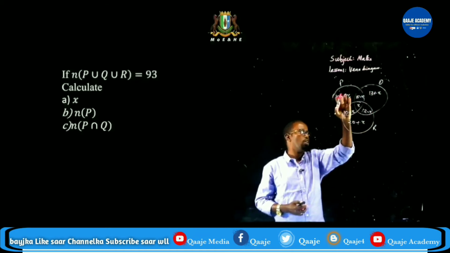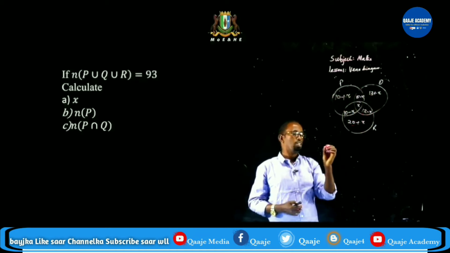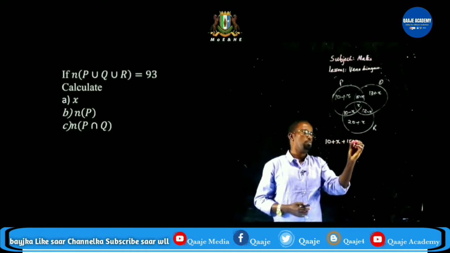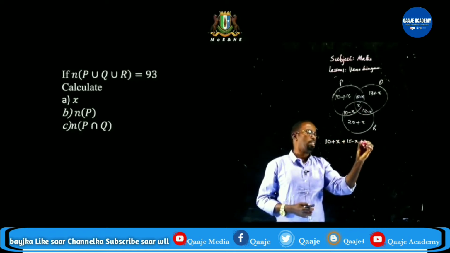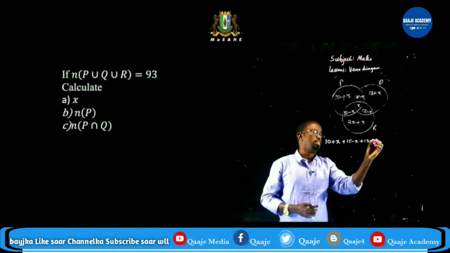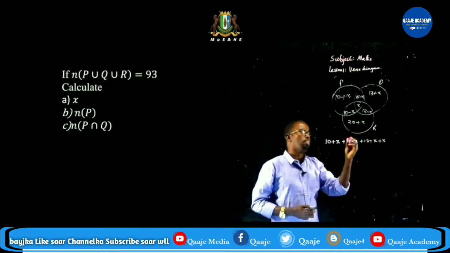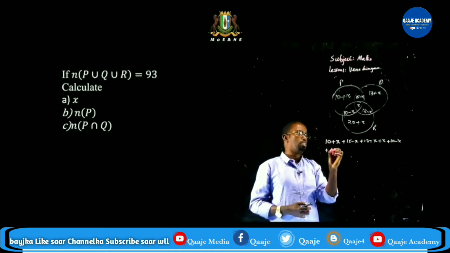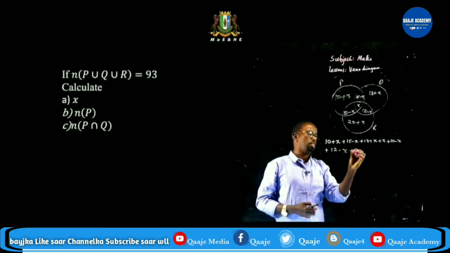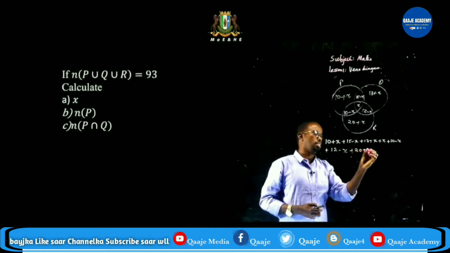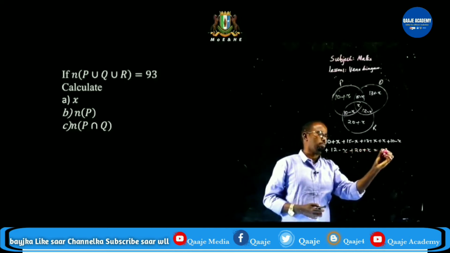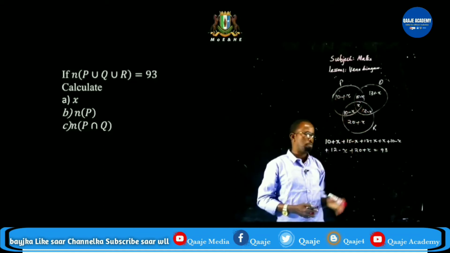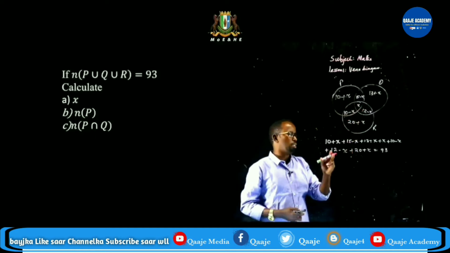So we add all these elements together: 10 plus X, 15 minus X, 13 plus X, plus X, plus 10 minus X, plus 12 minus X, plus 20 plus X. All of these add up to 93. That is the union of all the 3 sets. So we add all these numbers together.